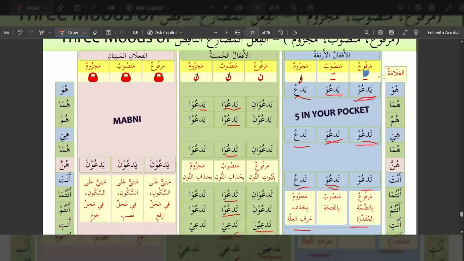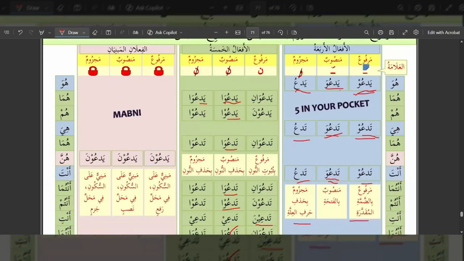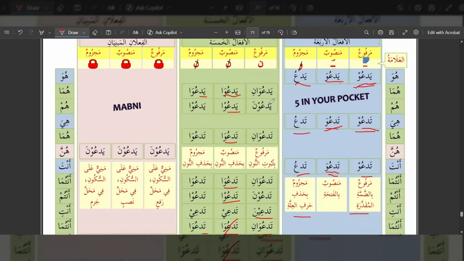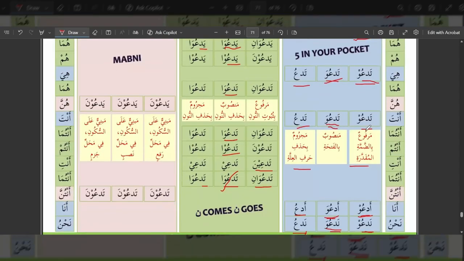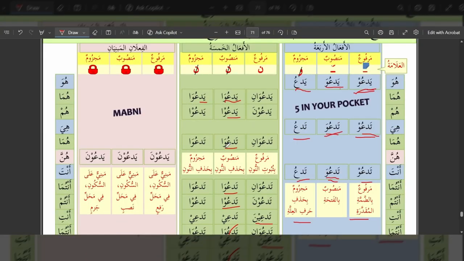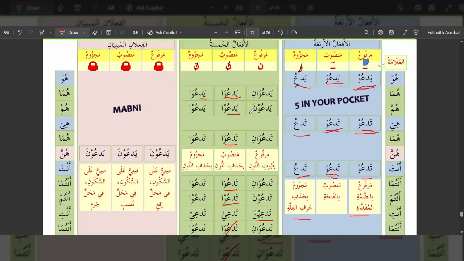Then when we come to al-af'alul khamsa, that is the 5 verbs of huma, hum, huma, antum, antuma, anti, and antuma. For these words, the marfu is shown with the presence of the noon. Marfu'un bithubutin noon.